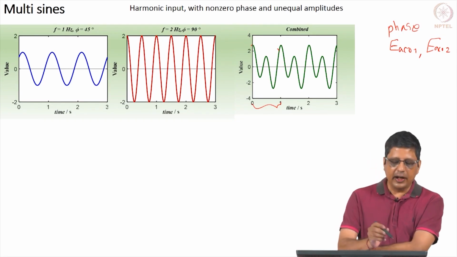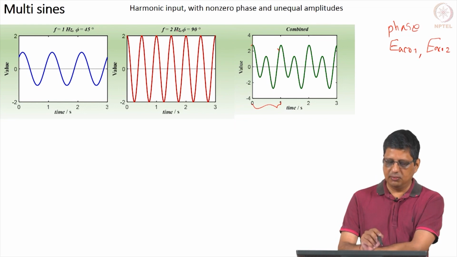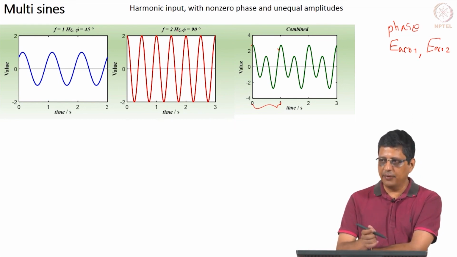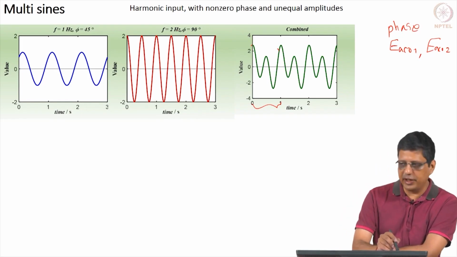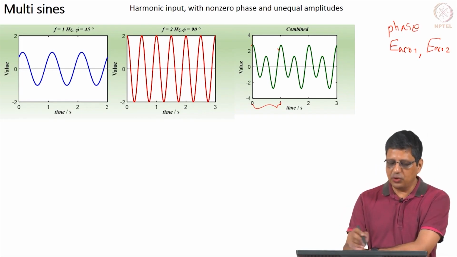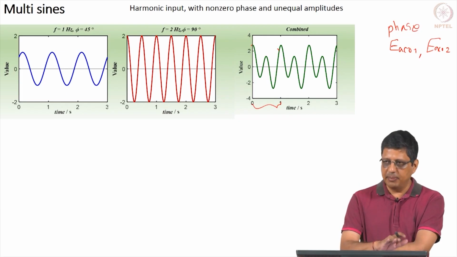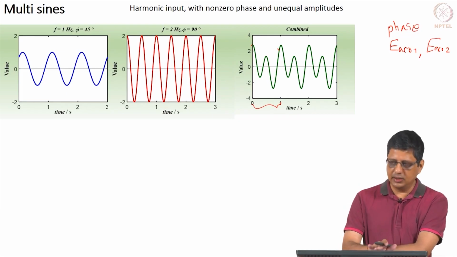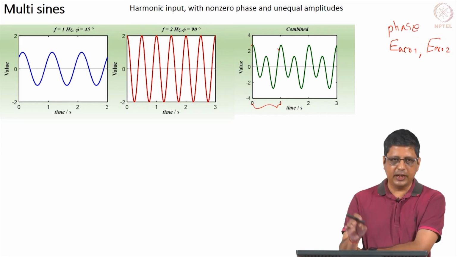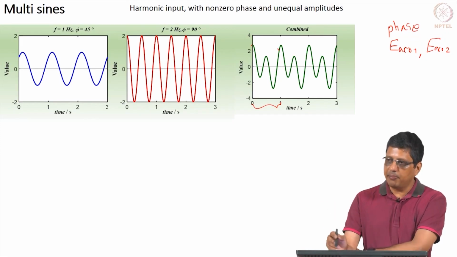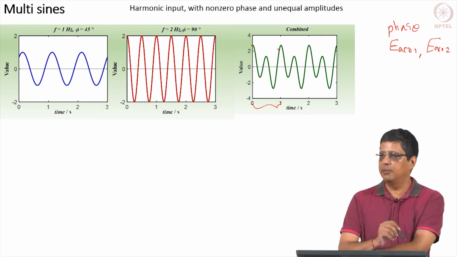And when you have harmonics, whether it is odd harmonic or in general any harmonic, this we call as base frequency, and the subsequent frequencies are generated based on this number. So, I have 1 Hertz, 2, 3, 4, I can choose any of those. The combined wave will have the frequency of the base frequency.